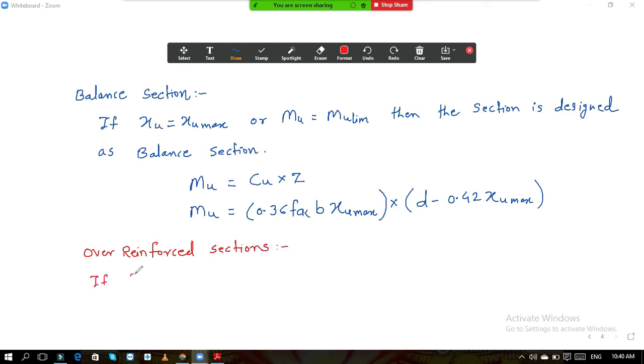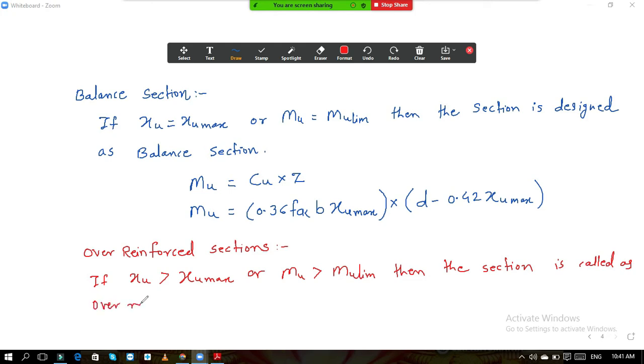If your xu is greater than xu max, or your Mu is greater than Mu limiting, then the section is called an over reinforced section.